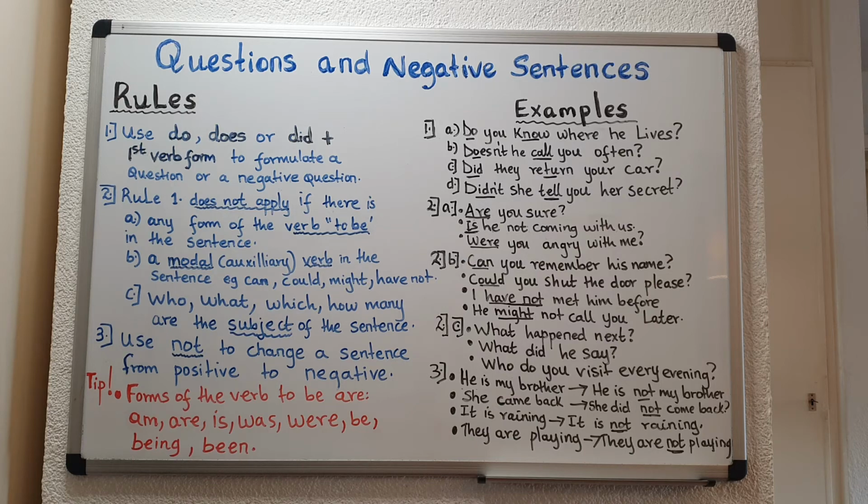Can you remember his name? So, you begin the sentence with the modal auxiliary can. The next one, could you shut the door, please? You begin that sentence with the modal auxiliary could.